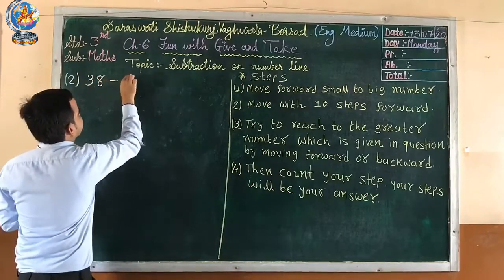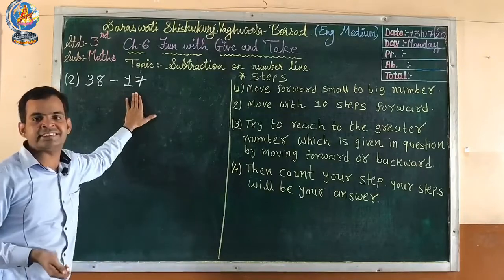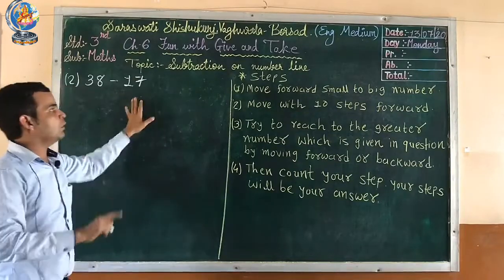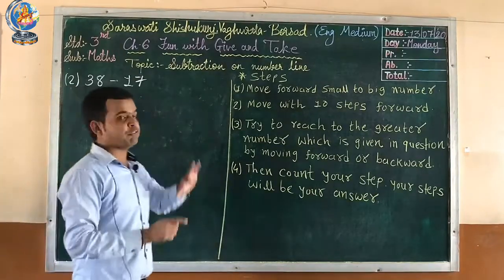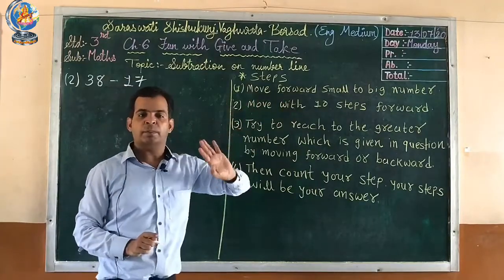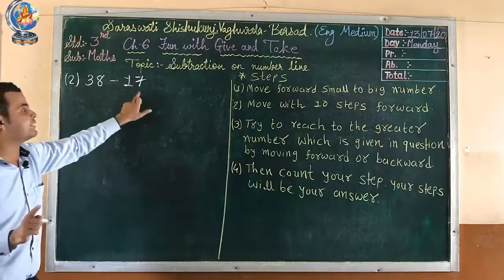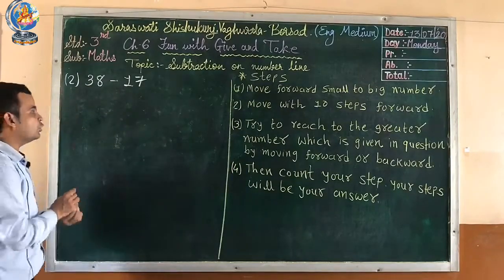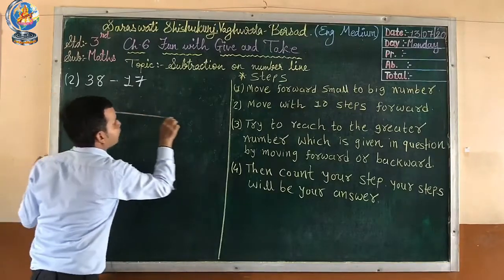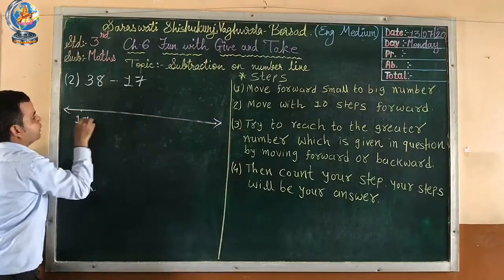The second sum is 38 minus 17. First we have to start step by step. The first step is move forward from small to big number. 38 is the greater number and 17 is the smaller number, so on the number line we first write the smaller number, 17.